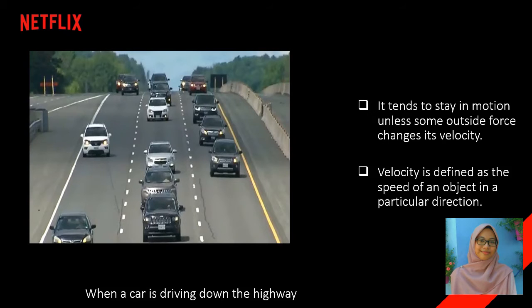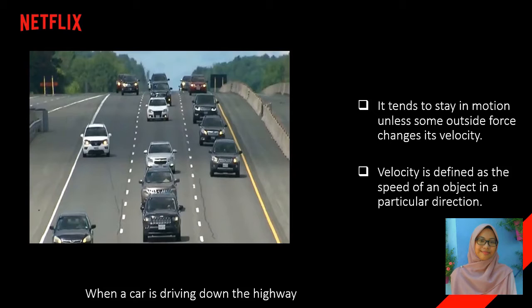As you can see from the pictures, a car is driving down the highway. It tends to stay in motion unless some outside force changes its velocity. The latter word, though generally thought to be synonymous with speed, is really more specific.